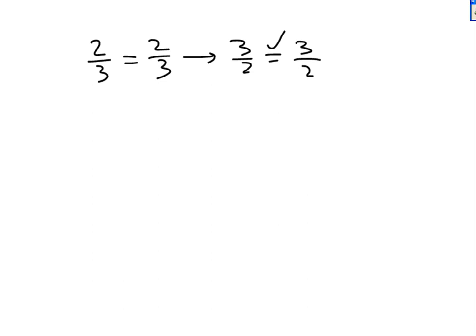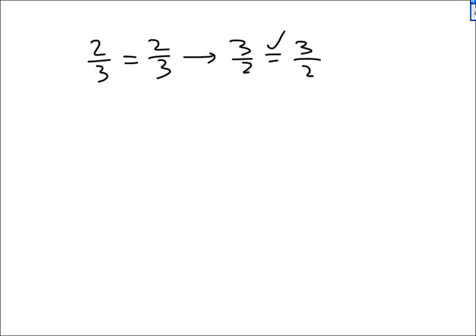Okay, the next thing I want to show you, and since there's always two fractions, you can always say this is proportions. We know that 2 over 3 is equal to 2 over 3. Well, if you choose the reciprocals, they're equal.